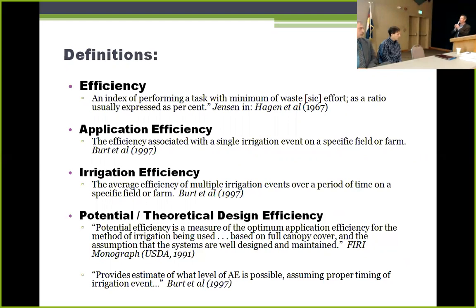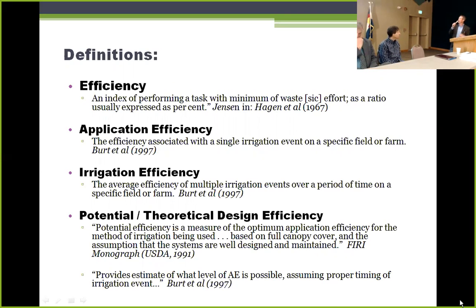We have application efficiency, and when we look at what the ASCE task committee on defining efficiency and uniformity says, that application efficiency is typically related to a single irrigation event, whereas irrigation efficiency is often referred to as the average of multiple irrigation events over a period of time. So, we're thinking about how to distinguish those.